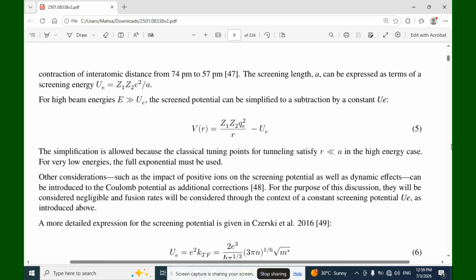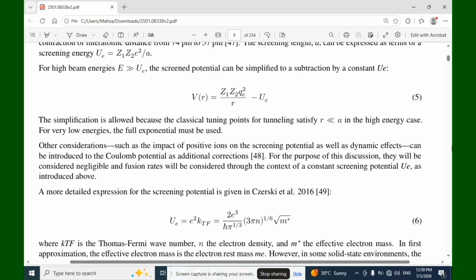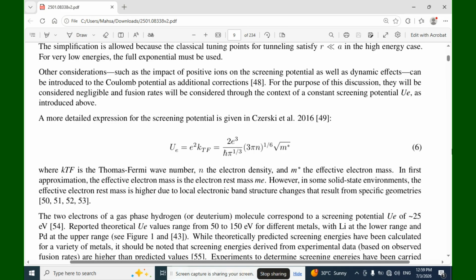A more detailed expression for the screening potential is given by Czerski and his colleagues in 2016. Ue is equal to e squared times kappa TF, which equals 2e cubed divided by h, times the cube root of pi, times n to the power of 1 divided by 6, times the square root of M star, where kappa TF is the Thomas-Fermi wave number, n the electron density, and M star the effective electron mass.